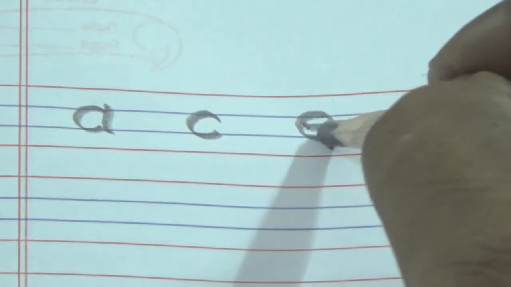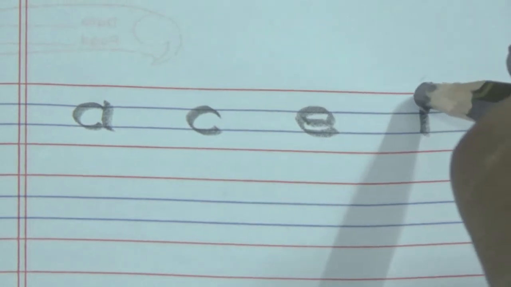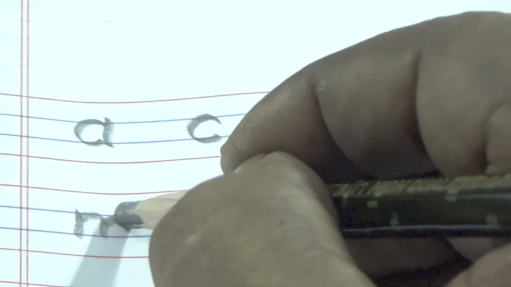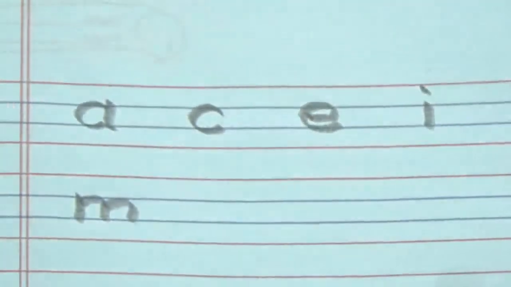This is A. Next, half circle, C. Next, sleeping line, half circle, E. Next, standing line, dot, I. Next, standing line, right hook, standing line, again right hook, standing line.